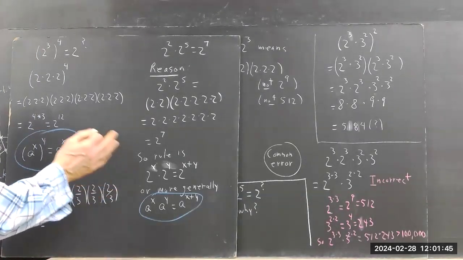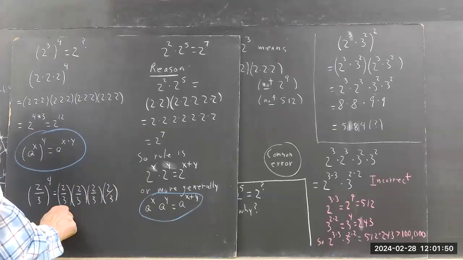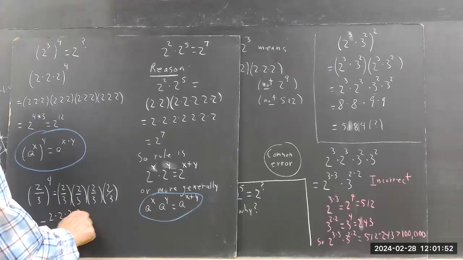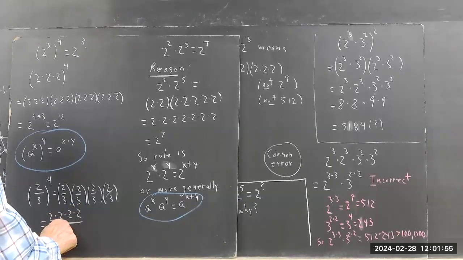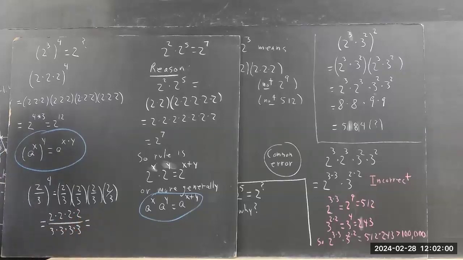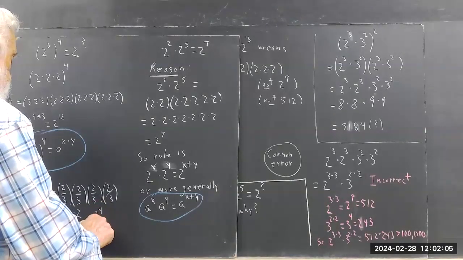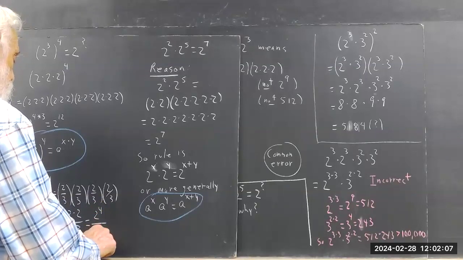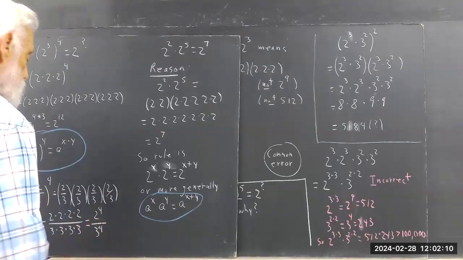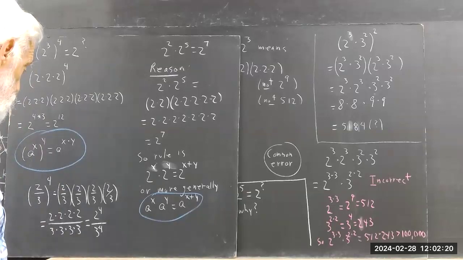With fractions, you multiply the numerators and you multiply the denominators. So that's 2 times 2 times 2 times 2 divided by 3 times 3 times 3 times 3. Of course, we can write this as 2 to the fourth over 3 to the fourth. And then we can calculate it: 2 to the fourth is 16, 3 to the fourth is 81.